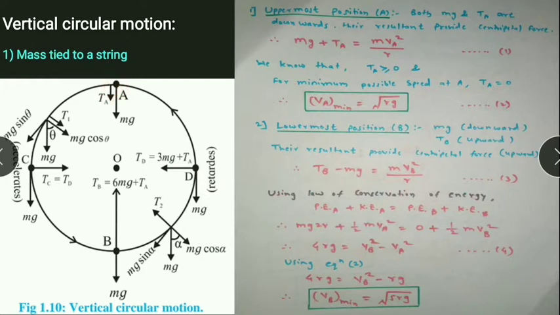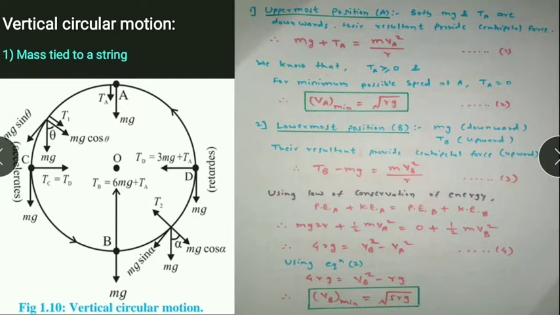Let us assume uppermost position A. Both mg and Ta are in downward direction. Their resultant force provides necessary centripetal force. Therefore, mg plus Ta is equal to mv square upon r. Call it equation number 1.